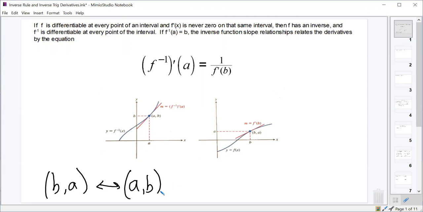If one contains (a, b), the other contains the point (b, a). We just flip the x and the y values. Everybody's comfortable with that, I hope. That's originally how you probably graphed the inverse of a function back in 3rd grade: you took all the points on one and flipped the x and the y values and graphed that, and saw that it looks similar, but just flipped over the line y equals x.